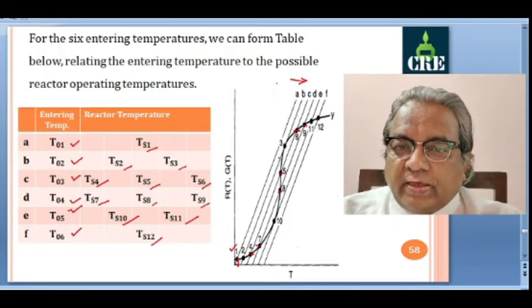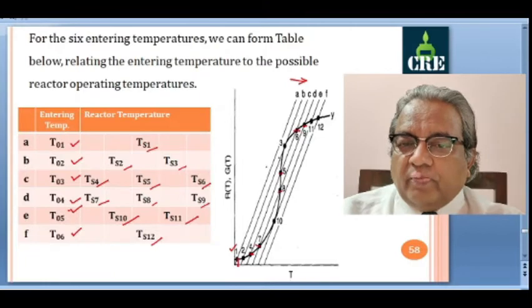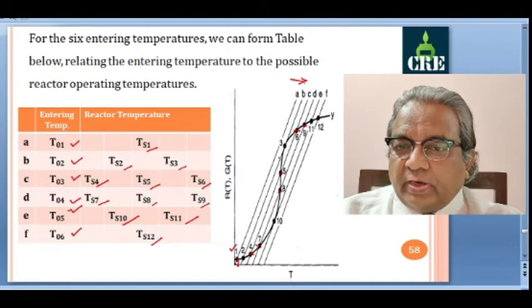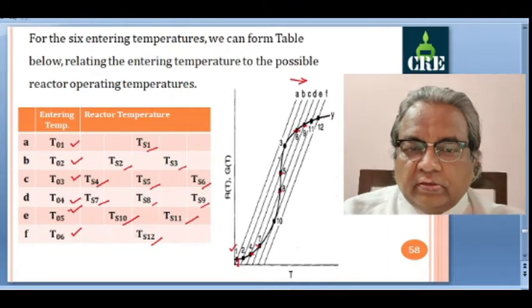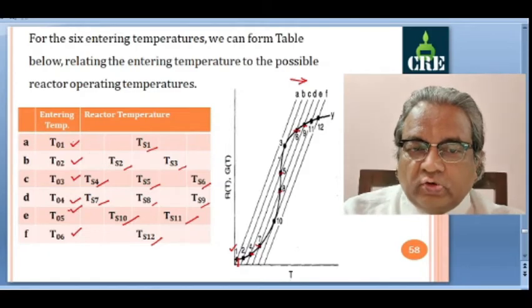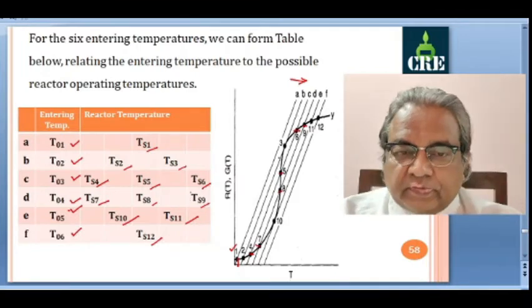What you have to understand is that as you increase, this nature will also change, not necessarily like this. You have to find the points of intersection as you increase the entering temperature. With these 6 entering temperatures, we have seen there are 12 possible steady states. At T01 and T06 there is only one steady state, at T02 and T05 there are 2 steady states each, and at T03 and T04 you have 3 steady states each.